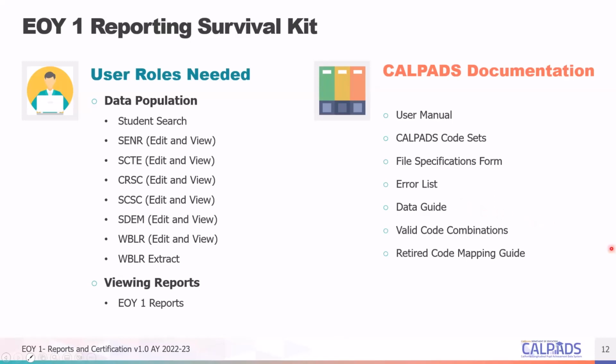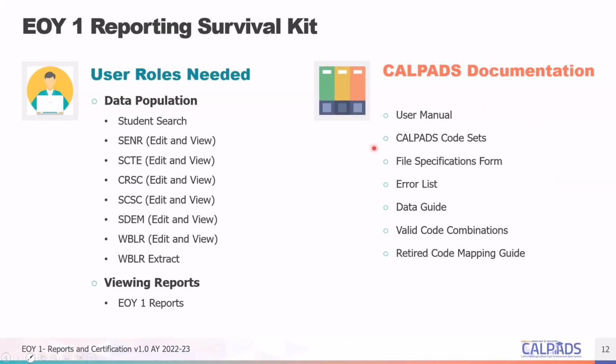The valid code combinations document lists codes that can only be used in specific combination with other fields or elements as enforced by validation errors. And the retired code mapping guide provides a list of state course codes that were retired from CalPADS during the codes transition in the 2018-19 school year and their associated new course codes.